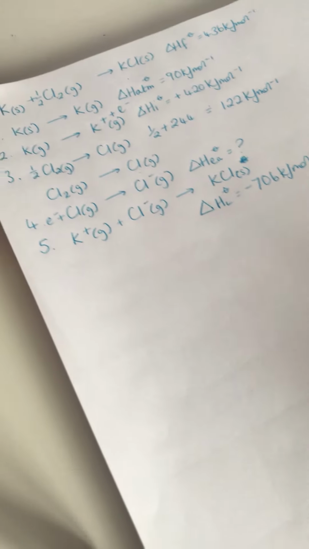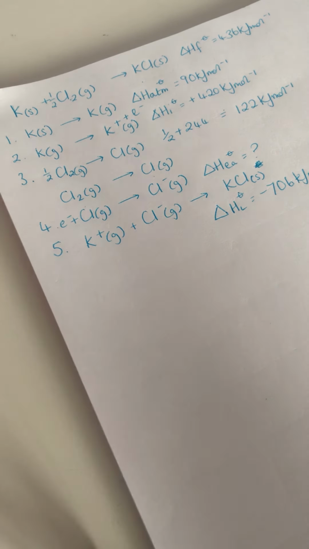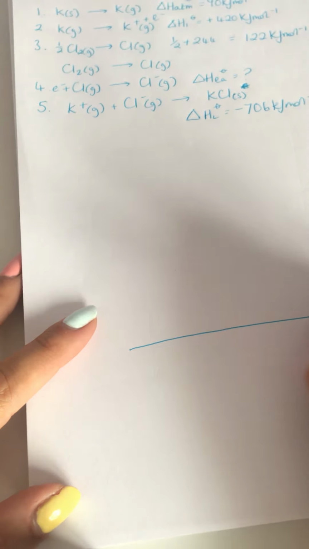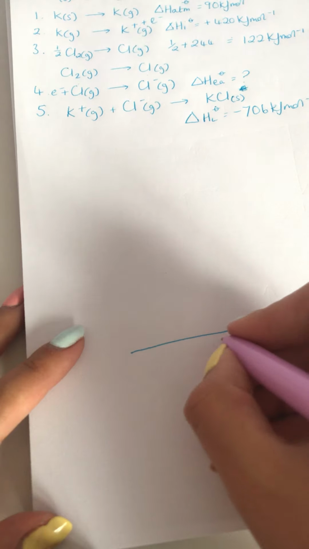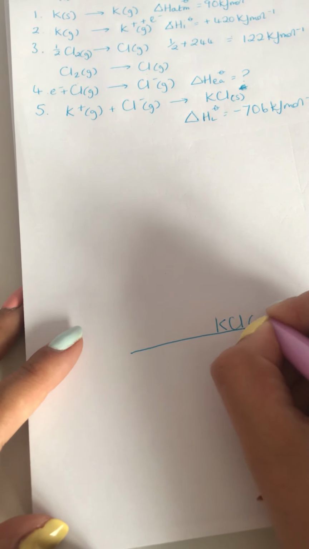So I've got all my numbers, I've got all my equations. These are my equations that are going to need to go on my cycle. So again, following my rules as before, I'll keep flicking you back up so you can see the data. Right at the bottom is going to be my final product, which in this case is going to be KCl as a solid.